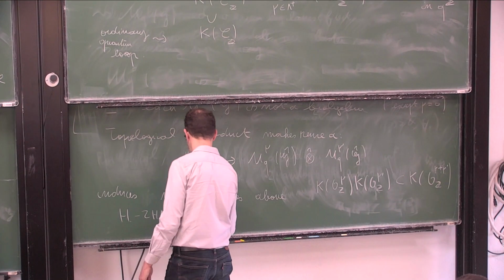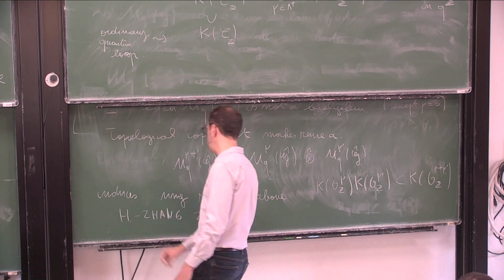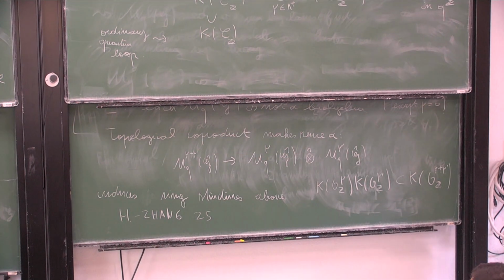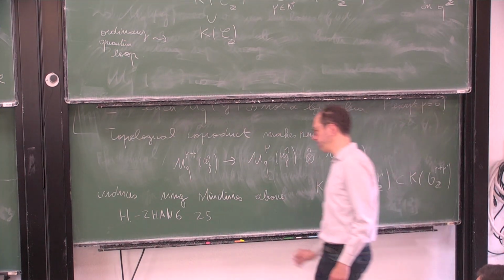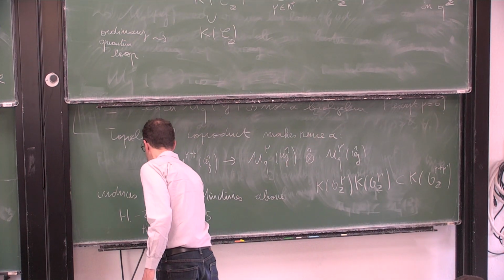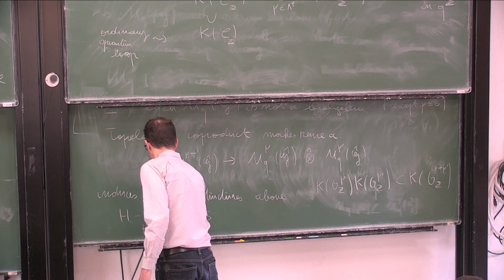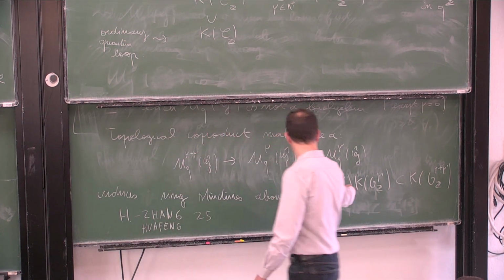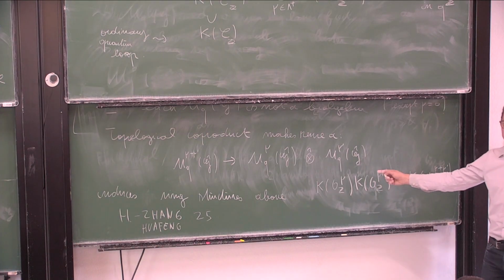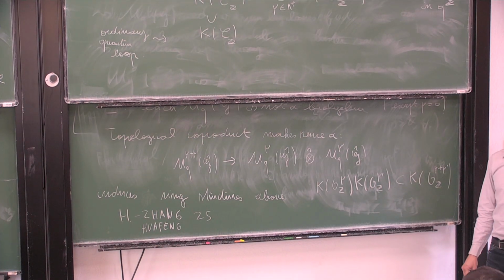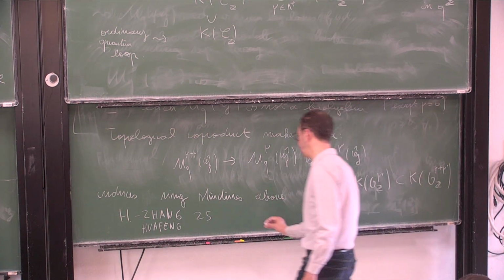We proved with Huafeng, and we formulate it like this: finite length modules are preserved by fusion product.